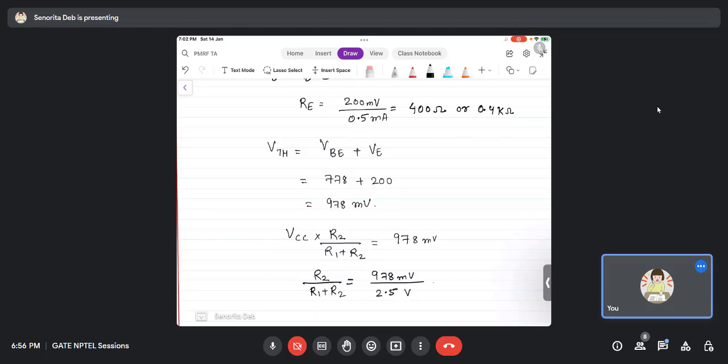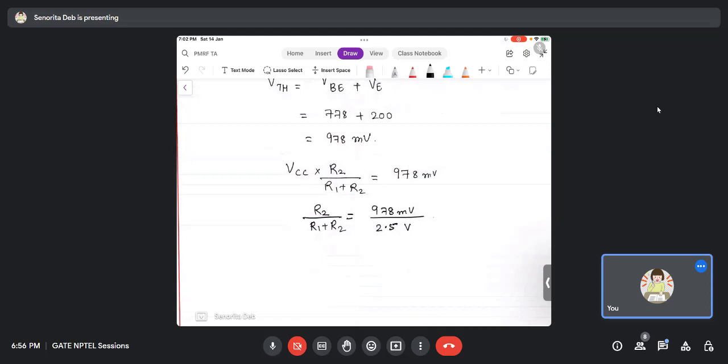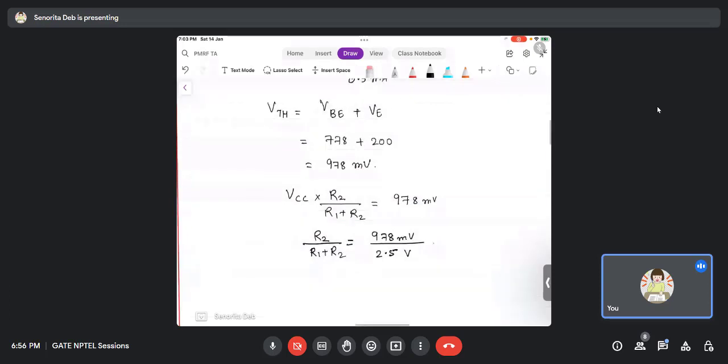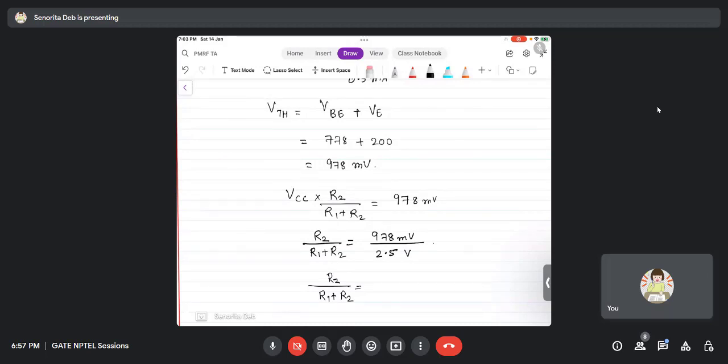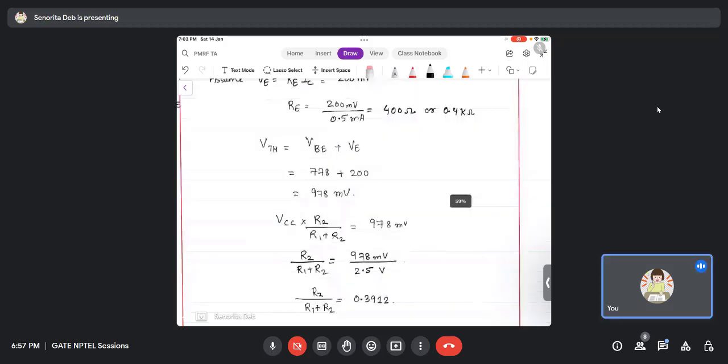So solve this, and what is the value of R2 by R1 plus R2 you are getting? 0.3912. Okay, I haven't checked it, taking your word for it.